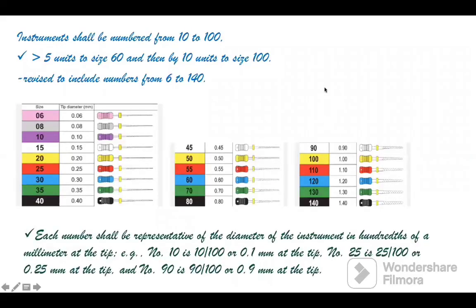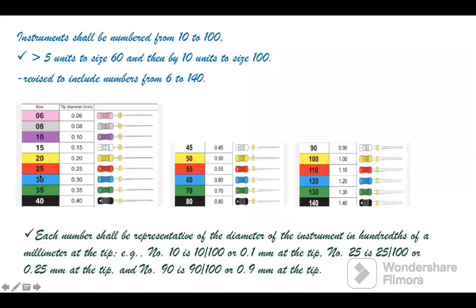The specifications also set out that the instruments shall be numbered from 10 to 100, and there will be an increase in size by 5 units from 15 to 60, and from 60 to 140, it will increase by 10 units.